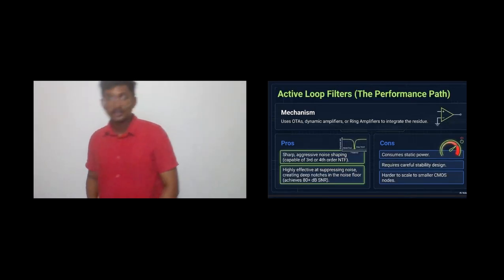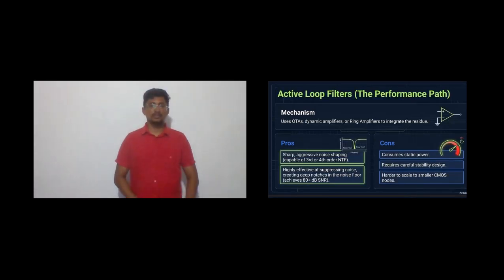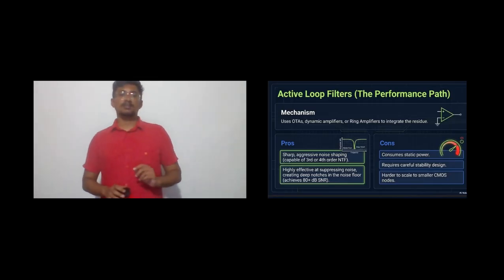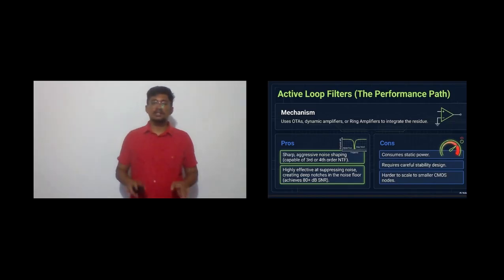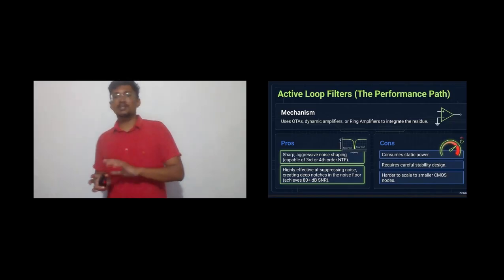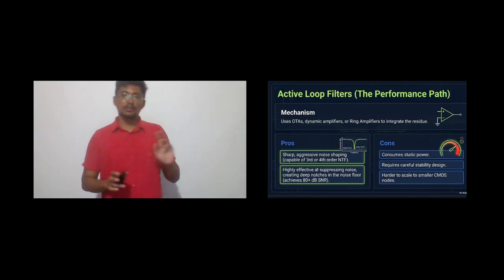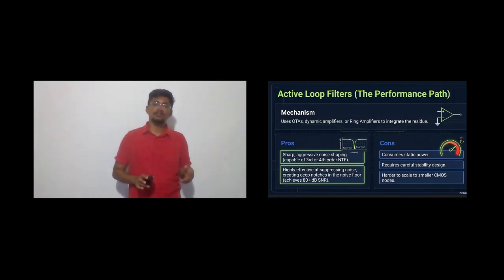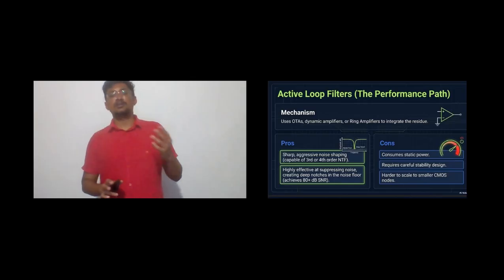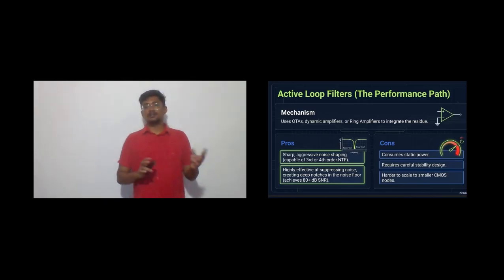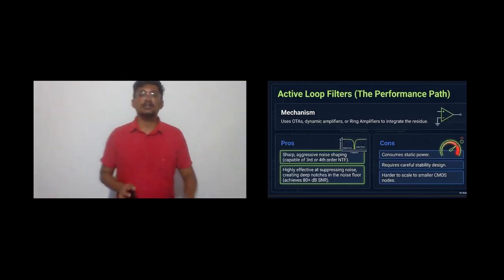So for that, we have the active approach. This brings an active alternative. To overcome the lossy nature of the charge sharing, we introduce active gain elements into the loop, such as operational transconductance amplifiers, which means OTAs, or ring amplifiers, inverting amplifiers, things like that.